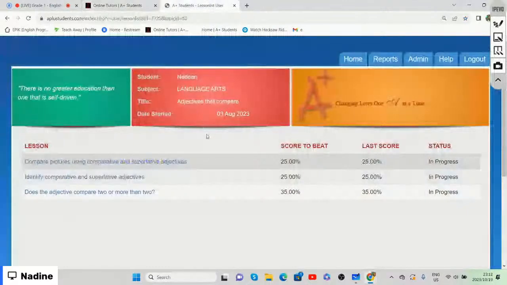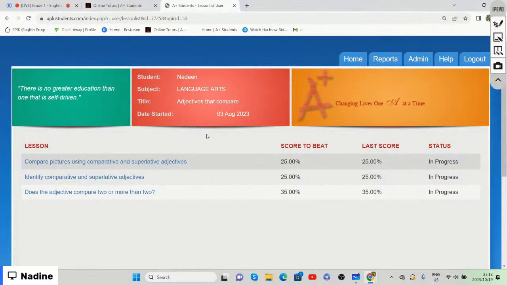So in our previous lesson, we did adjectives, right? And we said that an adjective tells us about the noun. It tells us more about the noun. It's the same as saying it describes a noun. So nouns name people, places, things, and animals.